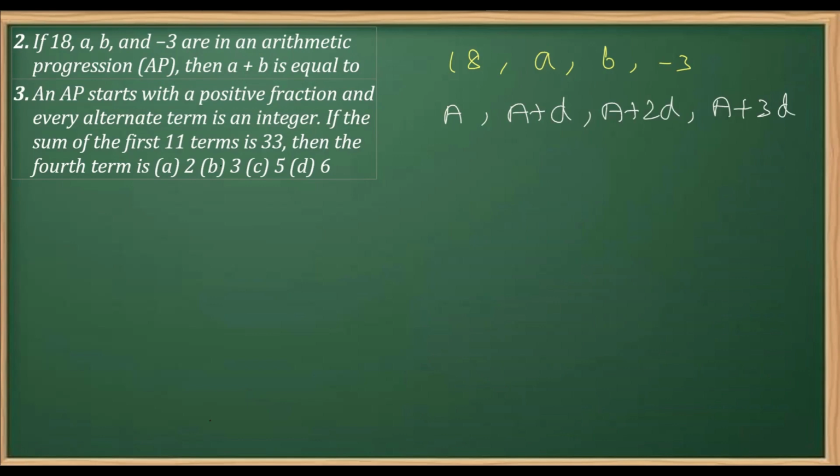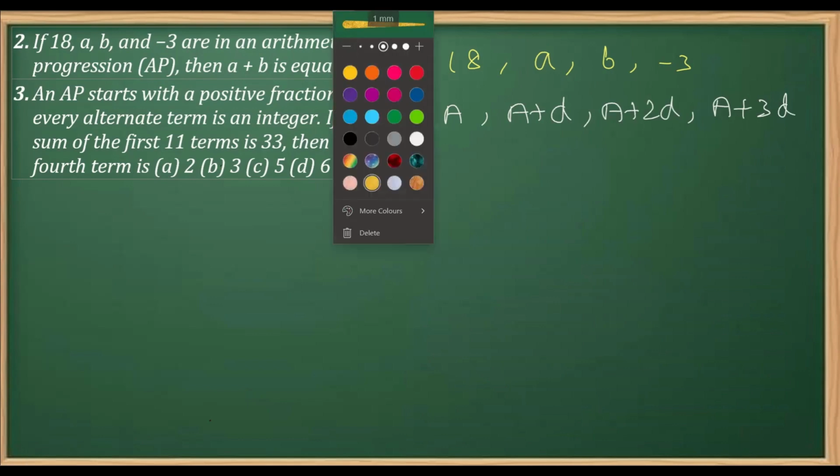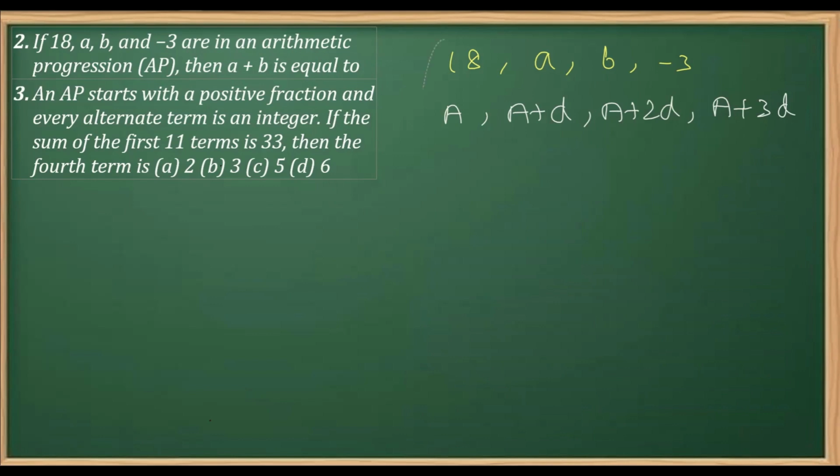Now check here. By comparing, we can take the first term A as 18. And from here you can see the fourth term. So I can say that A plus 3D is equal to minus 3, that's the fourth term.